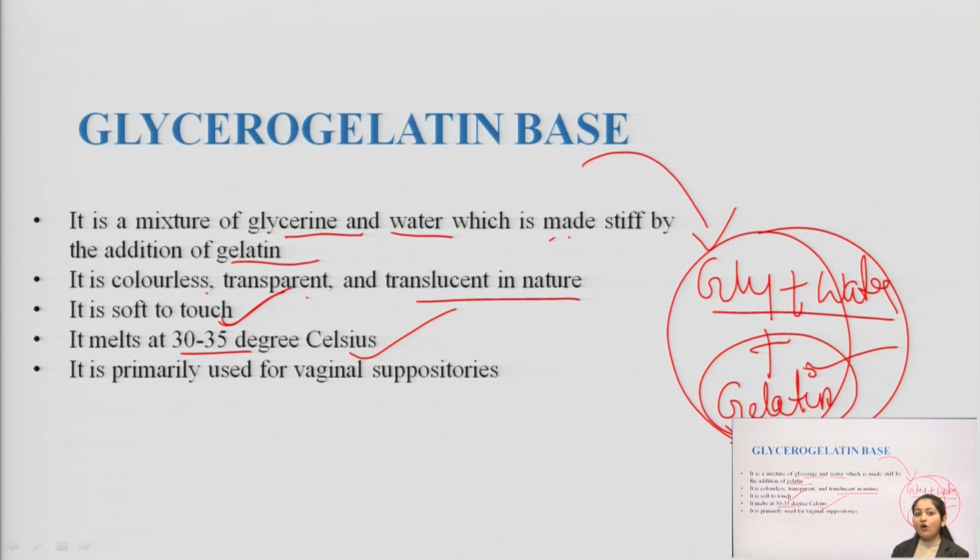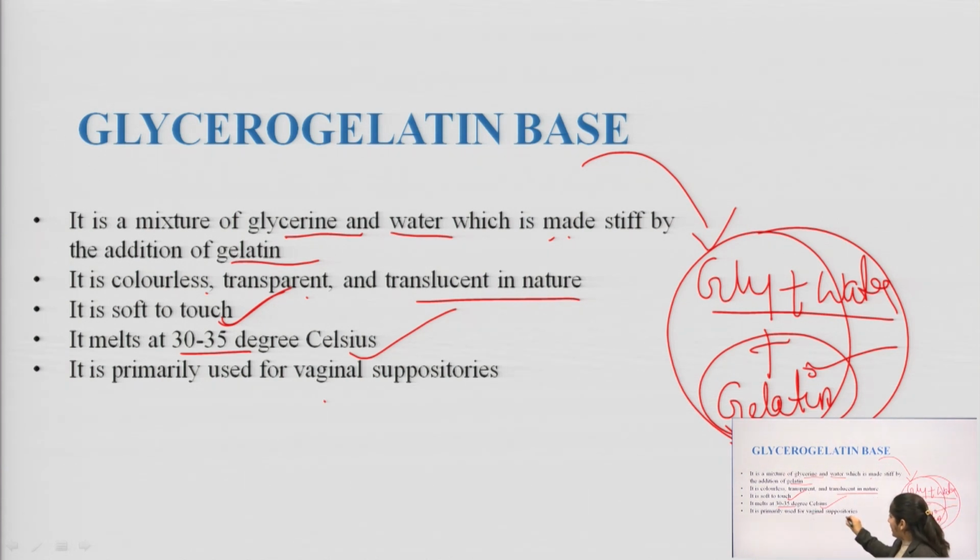So, using any base that melts around this range is actually a boon for us, because we do not have to provide any extra conditions for melting, for providing biological action.